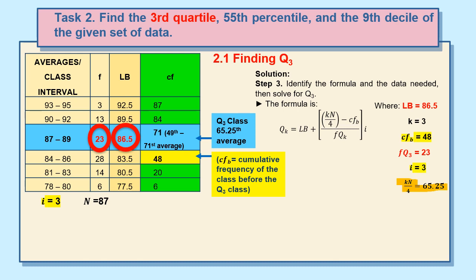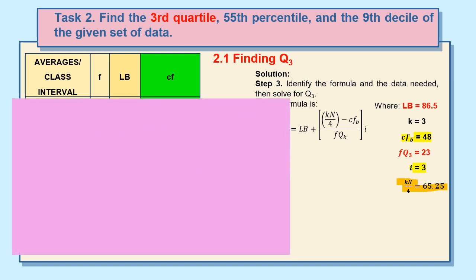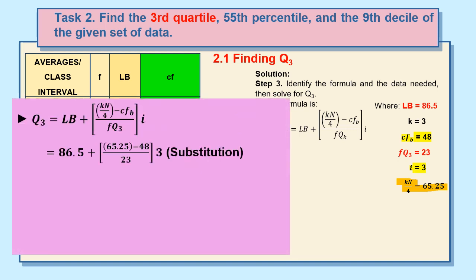So now, after getting the values of the variables, we will substitute them into our formula. LB is equal to 86.5. Kn over 4 is equal to 65.25. CF sub b is equal to 48. And our F sub Q sub 3 is 23 and I is equal to 3. So now, after substitution, we subtract 48 from 65.25.